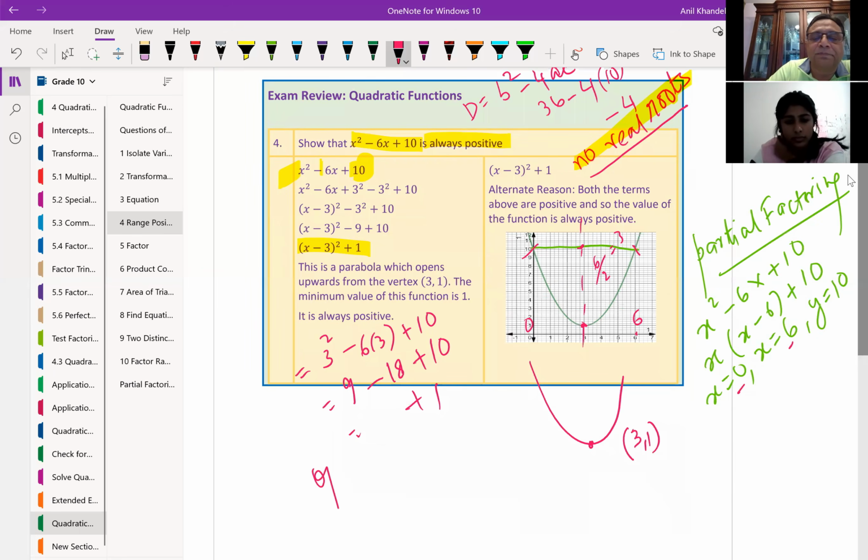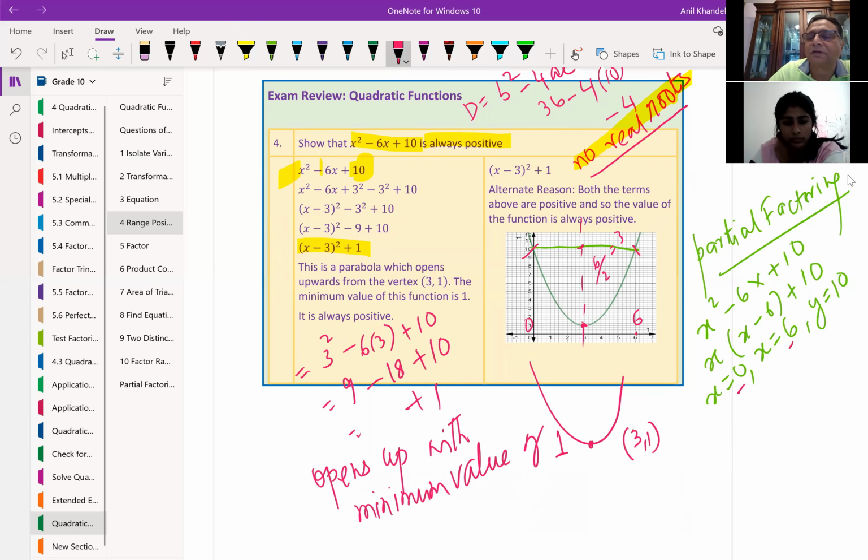So opens up with minimum value of 1, right? Therefore, always positive, greater than or equal to 1, correct?